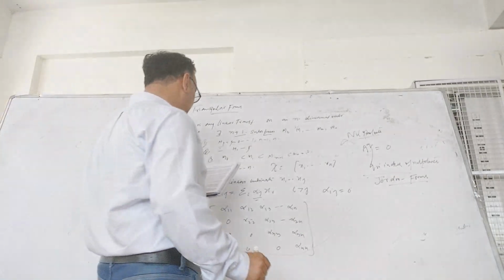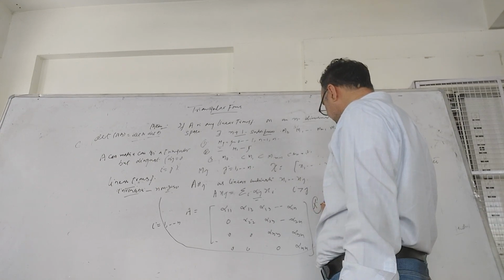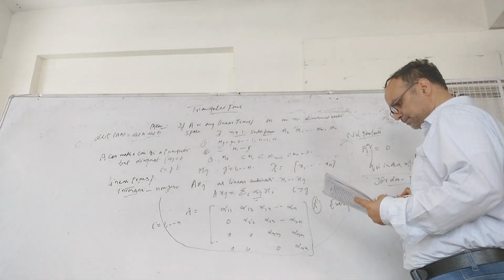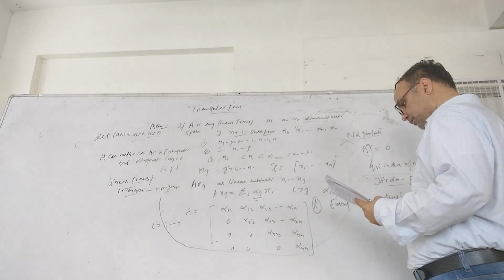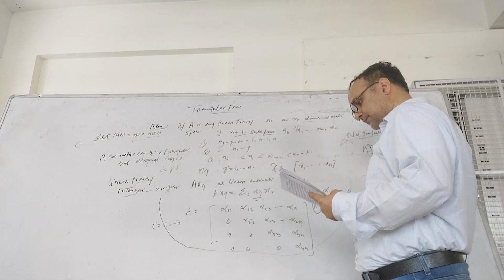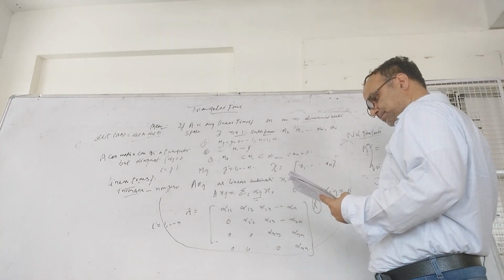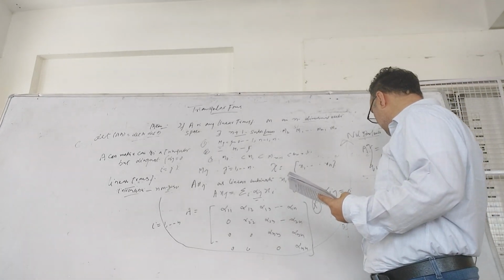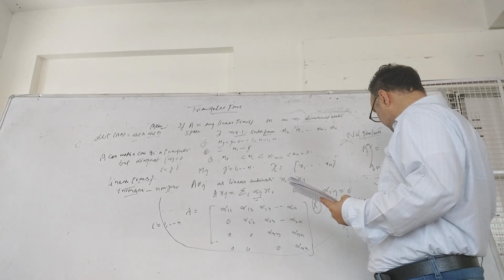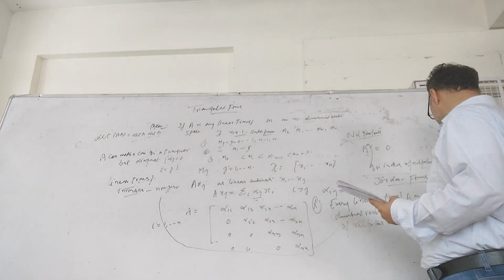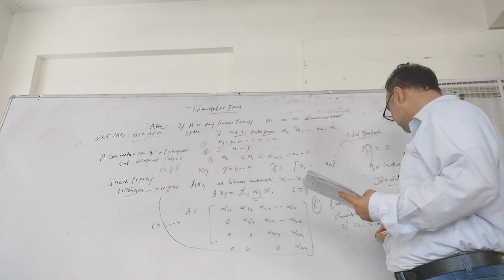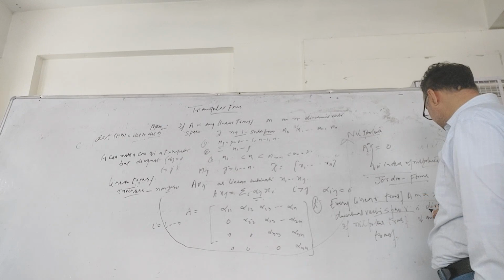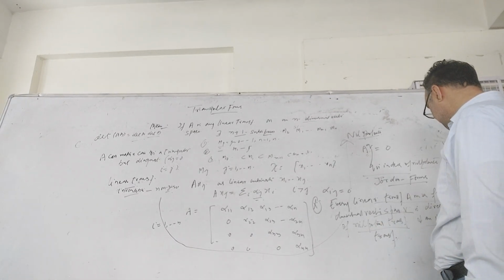If I just read the theorem: every linear transformation A on a finite dimensional vector space V is a direct sum of nilpotent transformations and an invertible transformation.